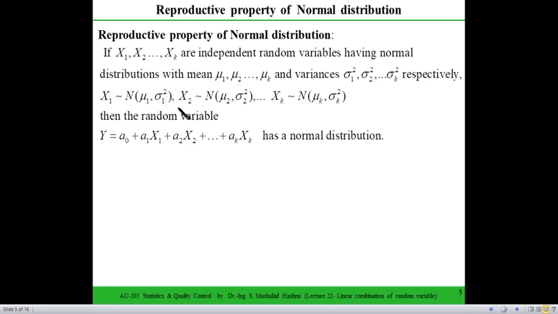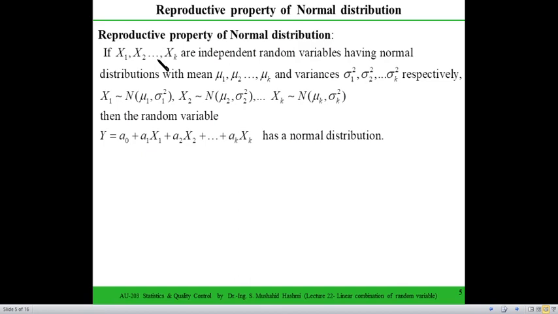Similarly, the x2 random variable is normally distributed with mu2 and sigma 2 square. Then we can say that the linear combination of these random variables would also be normally distributed. So this resulting function would also be a normal distribution.